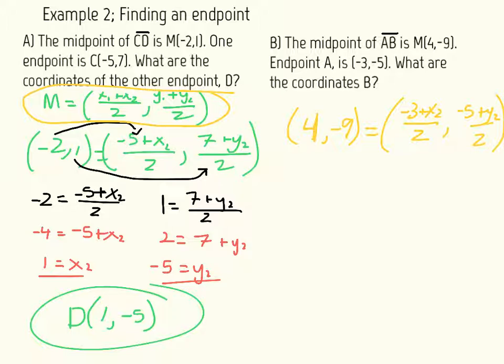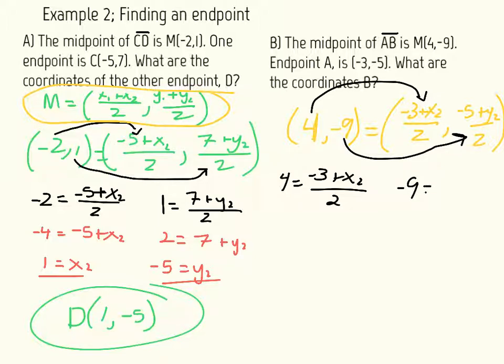Be careful when you match them up. The first one goes with the first coordinate, and they're equal to each other. Second one goes with the second coordinate, they're equal to each other. Giving me 4 equals negative 3 plus x sub 2 divided by 2. And also we have negative 9 equals negative 5 plus y sub 2 divided by 2.